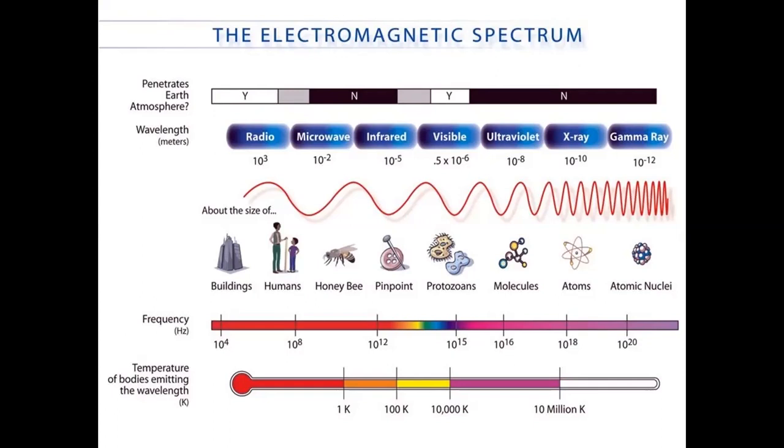And what kind of source gives out all this radiation? Every body that has a certain temperature can give out radiation. The higher the temperature, the more radiations they can produce. For example, when a body is at a very high temperature, it can produce almost every single radiation.